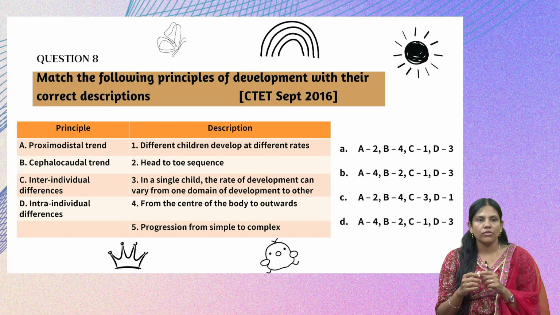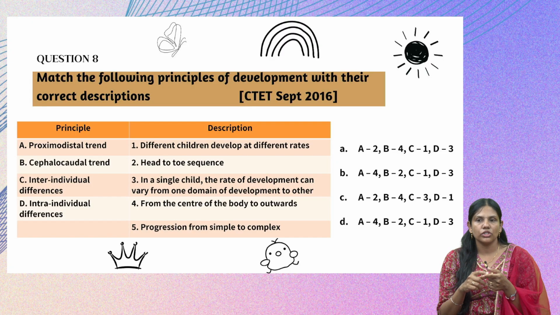Now we will see what cephalocaudal trend is. Cephalocaudal trend is head to toe sequence. So B is 2. Then you have inter-individual differences, which means differences between two or different individuals. So different children develop at different rates is the correct answer. So C is 1.